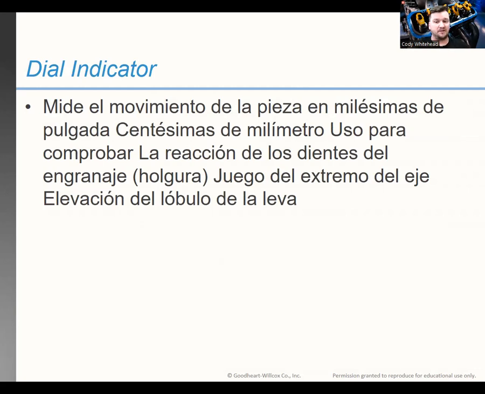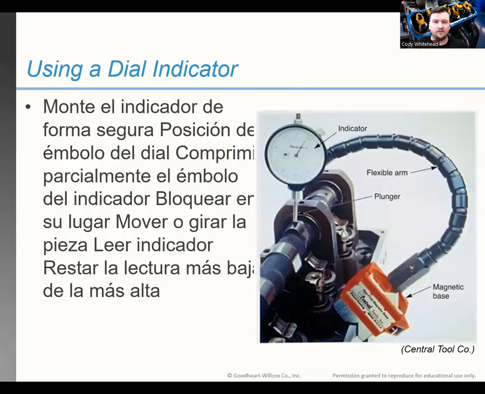This is called your backlash. Shaft end play, so that's if a shaft moves forward or back. And cam lobe lift. When we learn about engines, you'll learn about camshafts and how that works, so you'll understand that a little bit later on. There's a picture of your dial indicator there. I'm sorry, I thought I adjusted this picture.